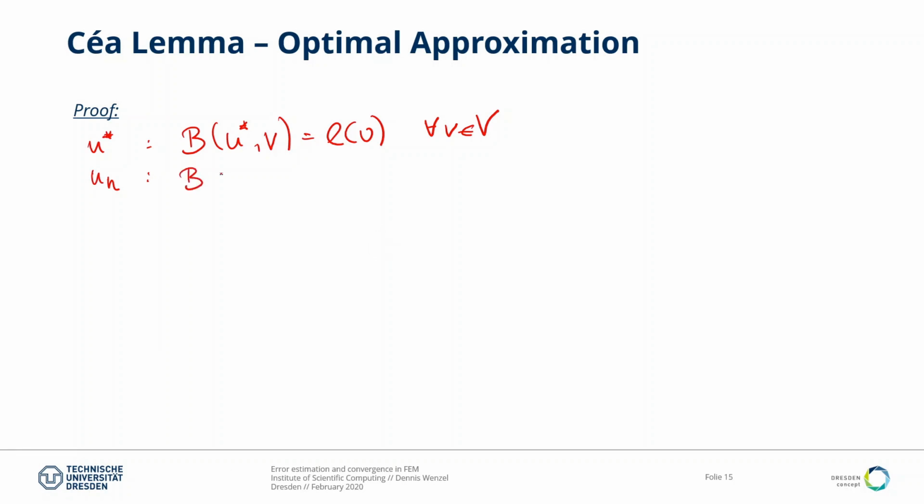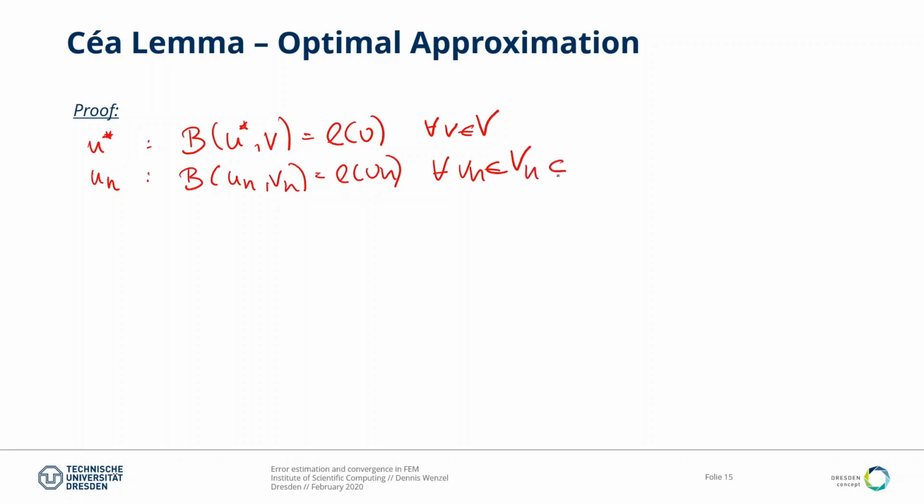And there a similar thing is true: B of UH and VH is going to be the same as L of VH, and that's true for all VH in our discrete subspace.